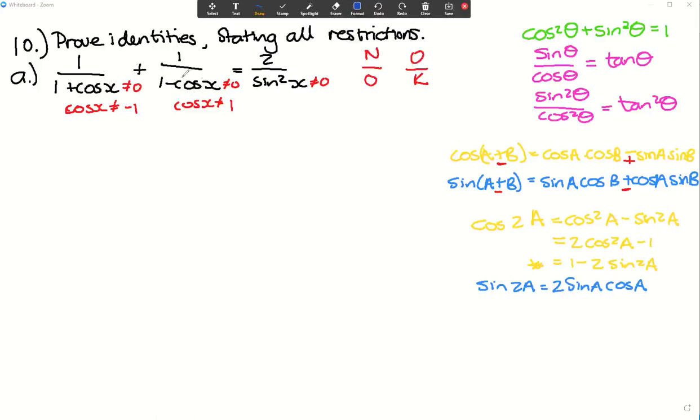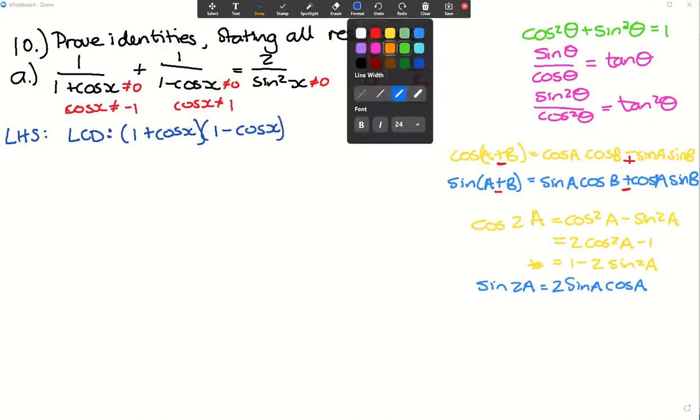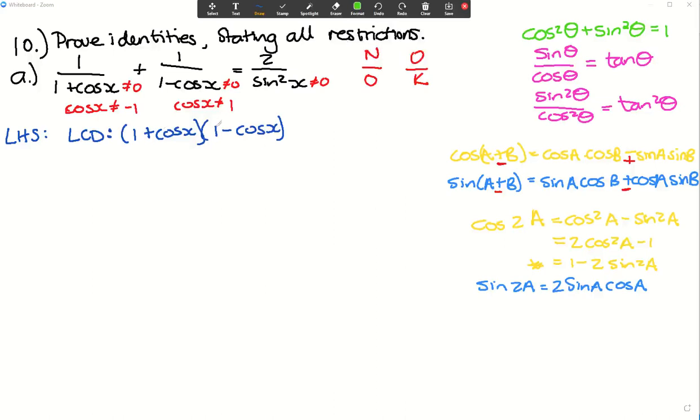We want to simplify the one side versus the other side. So I'm going to take the left-hand side. Let's first identify, it's a fraction. So if we take our left-hand side, we need to identify that we've got a lowest common denominator. And our lowest common denominator is 1 plus cos x times 1 minus cos x, which is beautiful, and if you can tell it before I say it, it's the same brackets.